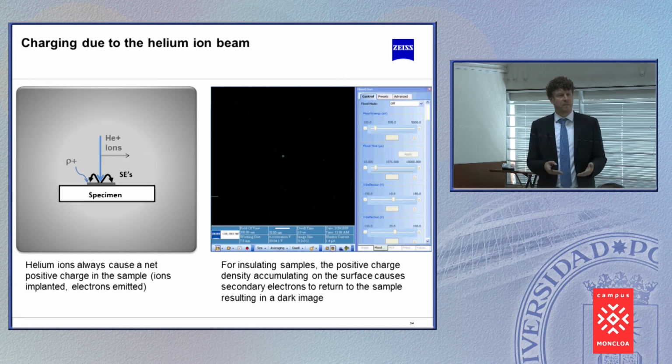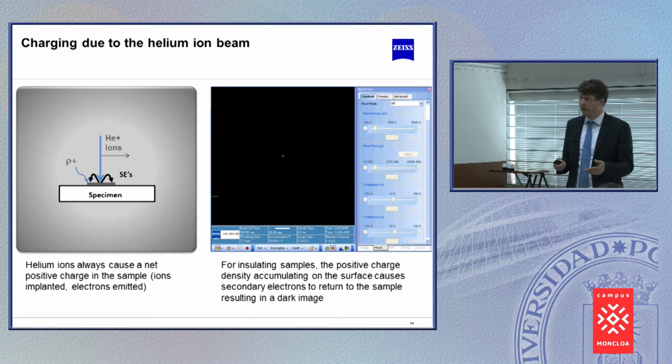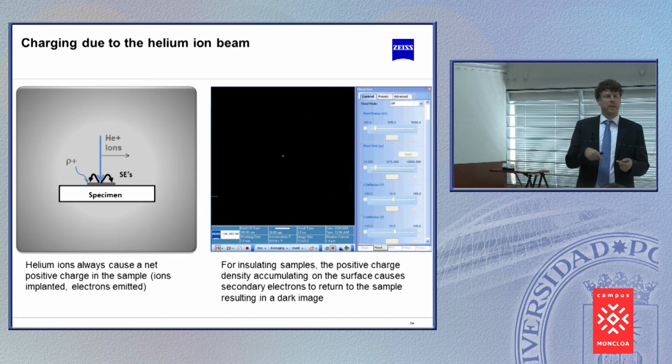In the SEM, the sample depends on the electrons which go out and in. In SEM, the sample can be charged positively or negatively. In the helium ion microscope, the sample will always be charged positively, because electrons go out and positive ions go in.